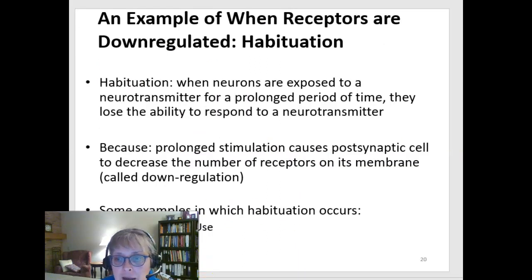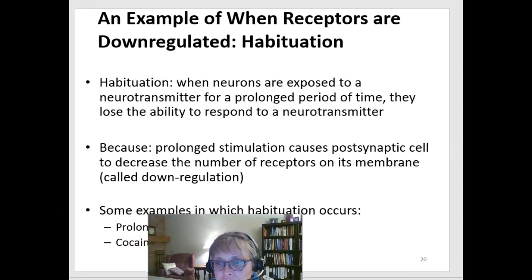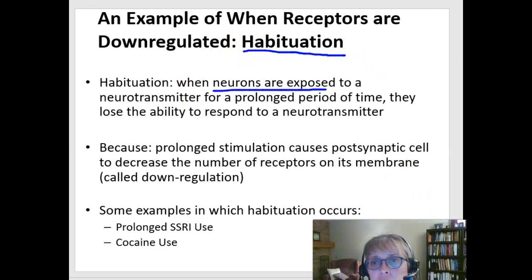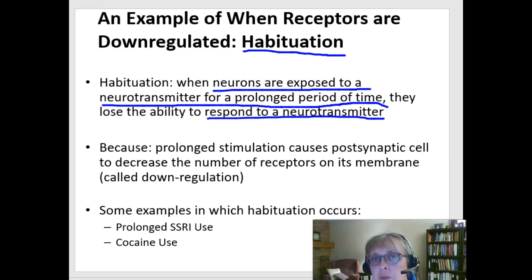Now there is an example where this is a problem, and that is in habituation. Let's talk about habituation a little bit. Normally neurons are only exposed to a neurotransmitter for a brief time, they respond, and it's over. If they are exposed to a neurotransmitter or repeated firing of that presynaptic neuron occurs, they are inundated with neurotransmitter.